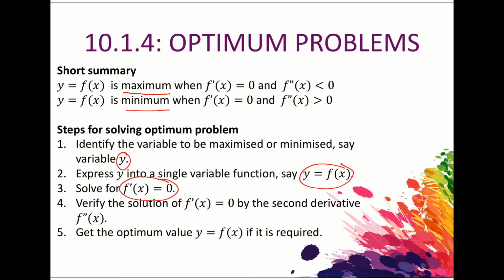Number four, we need to verify the solution of the first derivative of f(x) equals 0 by the second derivative. And then finally, we need to get the optimum value of y equals f(x) if it is required.